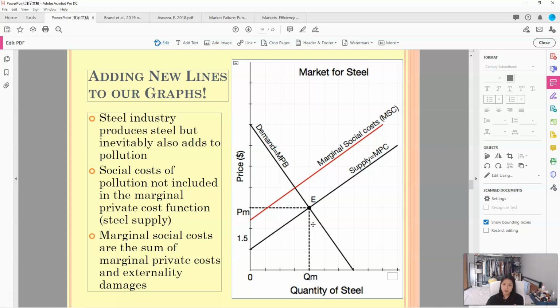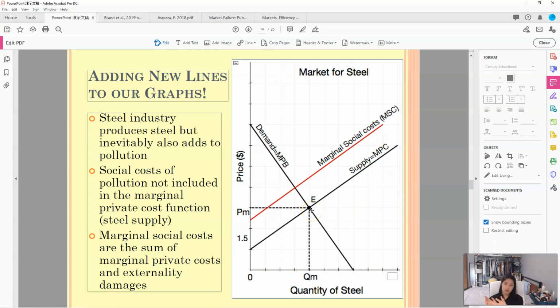But the industry, the market, did not take the pollution damage into its production cost function. So from the market's view, it only wants to find the intersection of the market demand and market supply curve, E, or we can say it only wants to find the intersection of the marginal private benefit and marginal private cost curve, that's E.